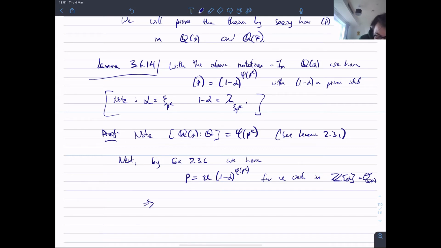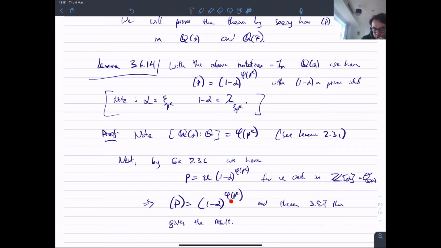So this implies that as ideals, we get (p) is (1 minus alpha) to the phi(p^k). And Theorem 3.5.7 then gives the result. By which I mean, this theorem told us a relationship between the ramification degrees, the residue degrees, and the degree of the field.